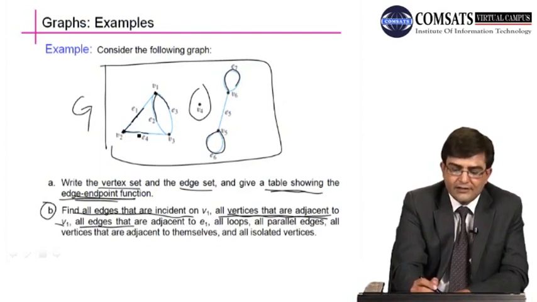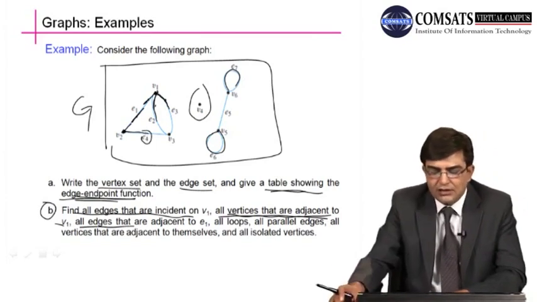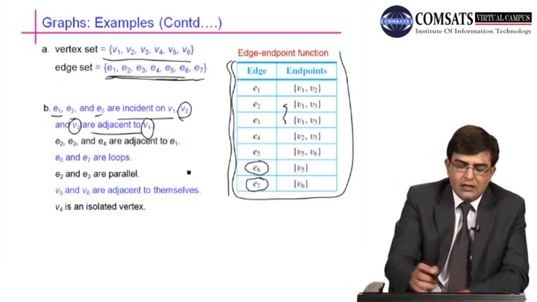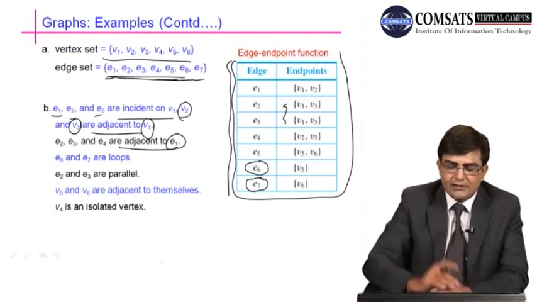So these two are adjacent. Here E1 is connected to V1, E2 is connected to V1, E3 is connected to V1. So all these three edges are adjacent. This is also adjacent to E1. So therefore E2, E3 and E4 are adjacent to the edge E1.